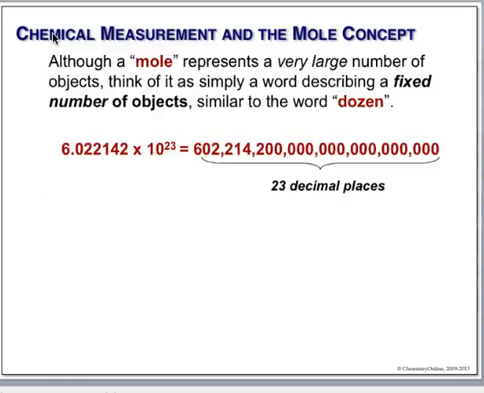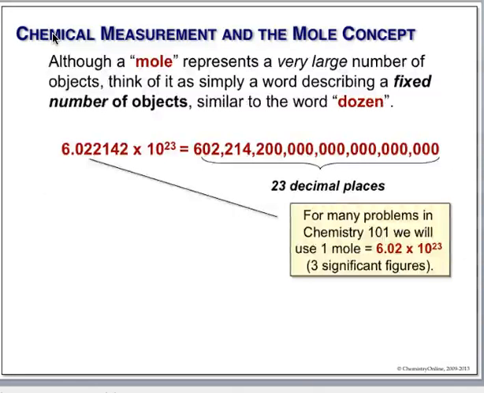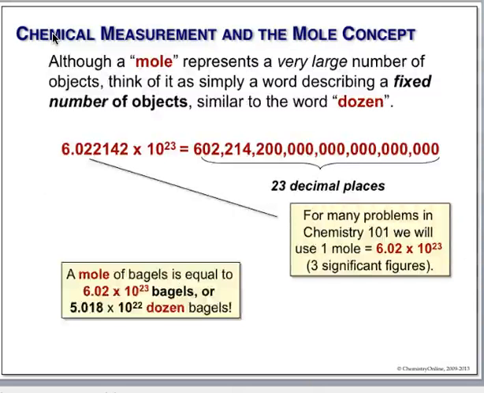Think about a dozen. A dozen's a number. We can easily conceive what a dozen is. It's 12. 6.02 times 10 to the 23rd is a huge number. 23 decimal places after our 6. It's huge. Quite often we will round this and just use 6.02.